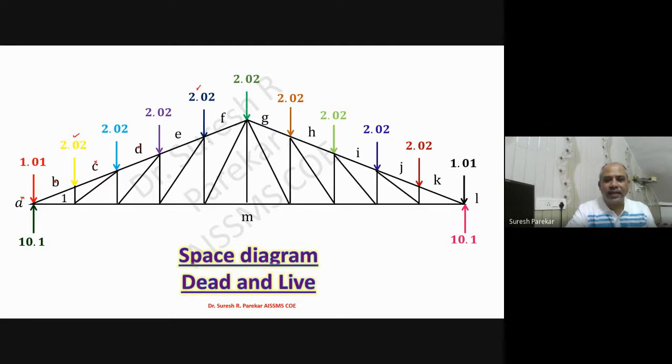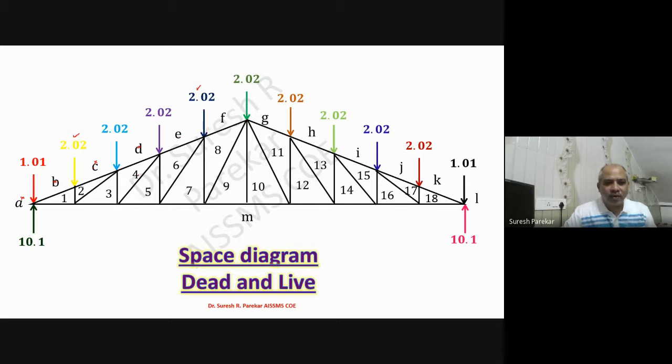Now inside, if we see, we have this as 1, 2, 3, 4, 5, 6, 7, 8, 9, 10. So numbers, you can also use letters inside. That is your choice, but generally in Bose, numbers will be considered inside and letters will be outside.